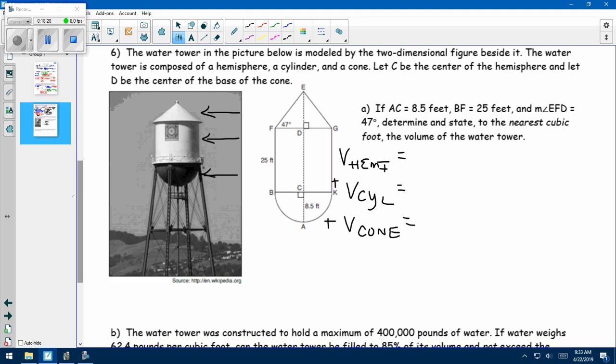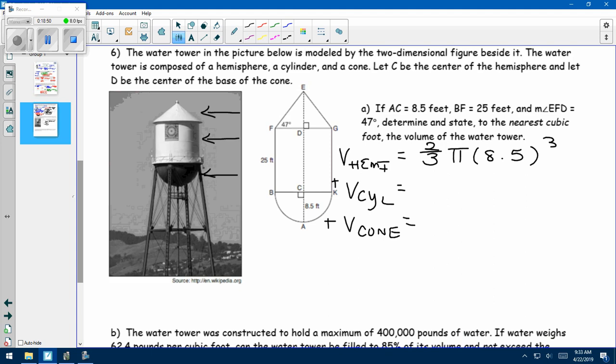So if we start with the hemisphere at the very bottom, we know the radius of the hemisphere is 8.5, so that makes our job a little bit easier to say that 2/3 pi r cubed is the formula, so 2/3 pi times 8.5 cubed. Okay. Volume of the hemisphere.